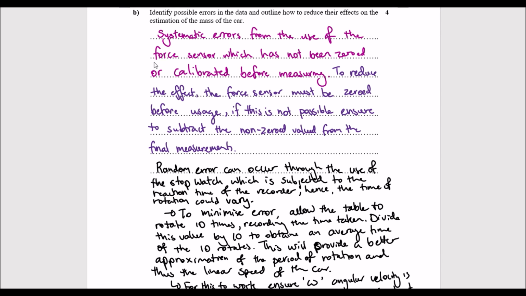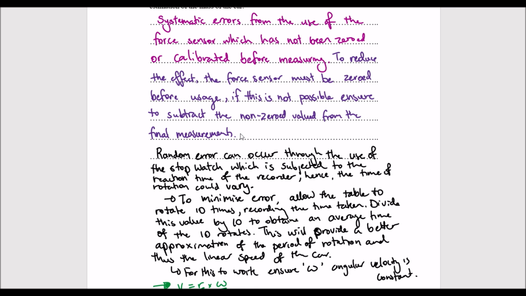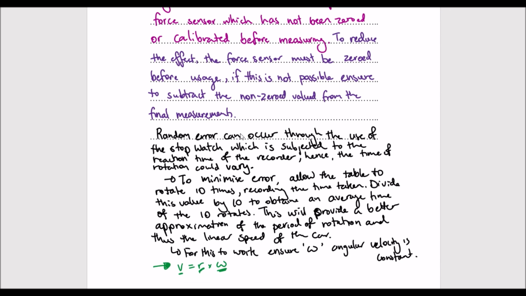Systematic error is the sensor not being calibrated or zeroed properly. We can fix that by zeroing it before using it, or we can subtract that non-zeroed value from our final measurements and then go on with our plotting of the graph.